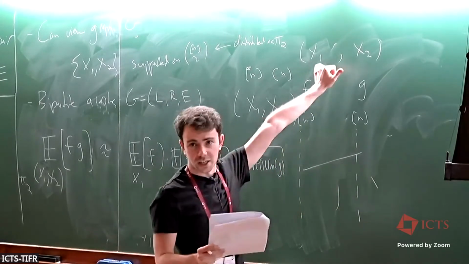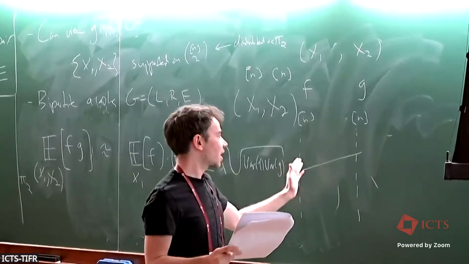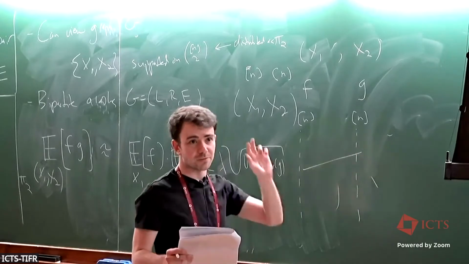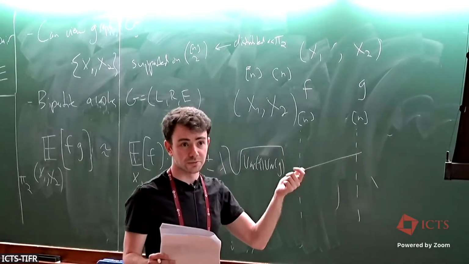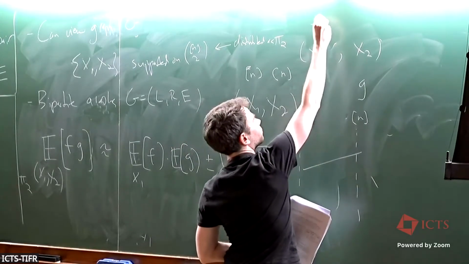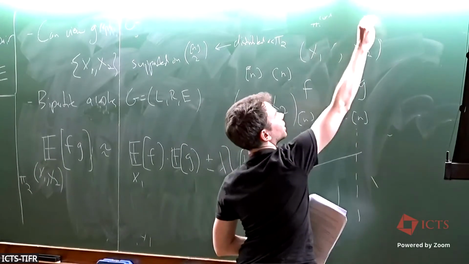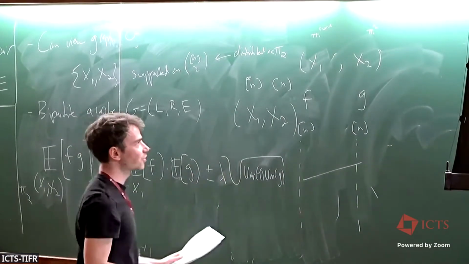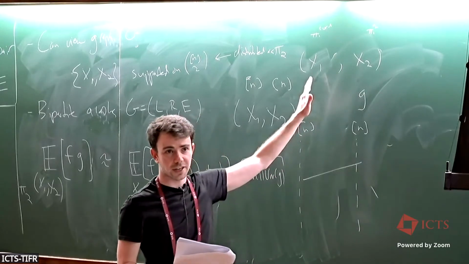I draw a random x1, x2, and then to get the left guy, I would project to the left coordinate. To get the right guy, I would project to the right coordinate, instead of picking one at random, which would have been the unordered case, right? So this gives you a coordinate 1 version of pi1 and a coordinate 2 version of pi1 here. So these expectations are just over the marginal distributions of x1 and x2.